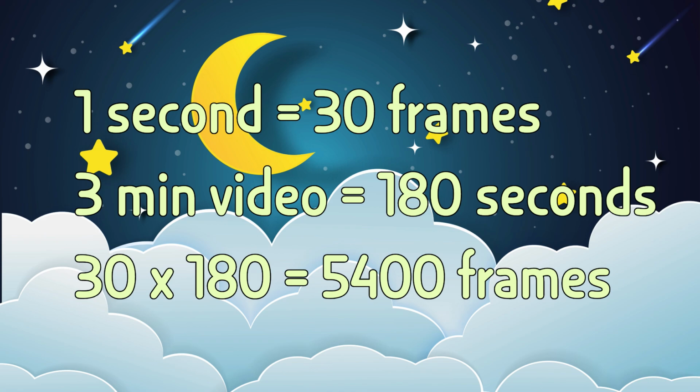So 3 minutes is 180 seconds, times 30 frames, and you end up with 5,400 exposures. And then we're going to stack those in the Seestar app. So basically we're recording 3 minutes of video that creates 5,400 exposures that we're going to stack in the Seestar app. So that's the basics of what we're going to do.